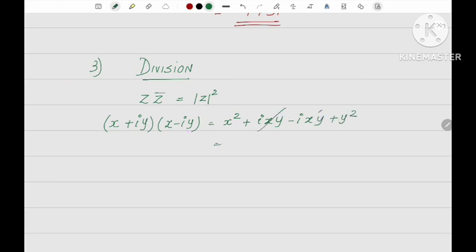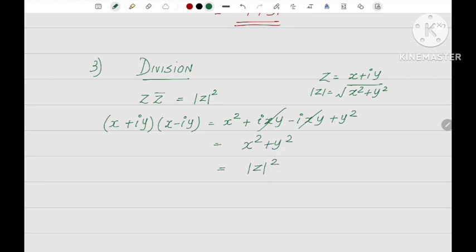So this is x square plus y square, and this is nothing but the mod of the complex number squared, because if z is equal to x plus iy, we have seen in the previous class that mod z is under root of x square plus y square. So mod z square will become x square plus y square.